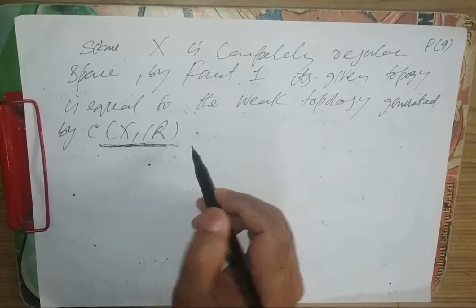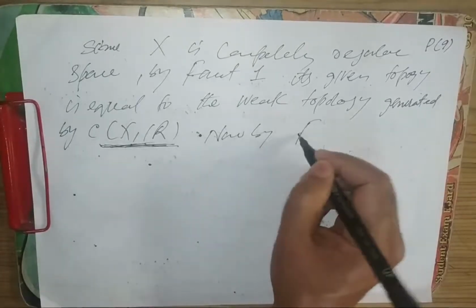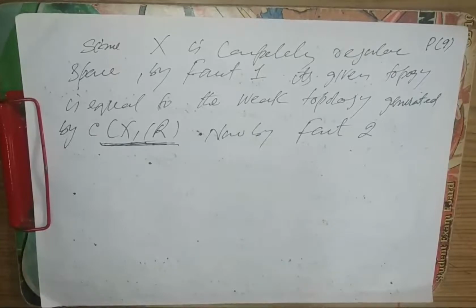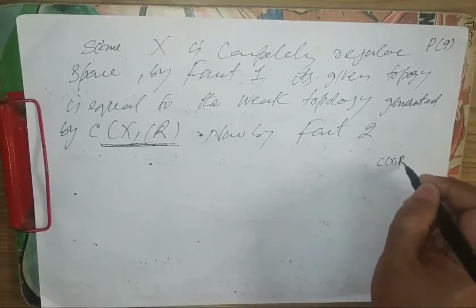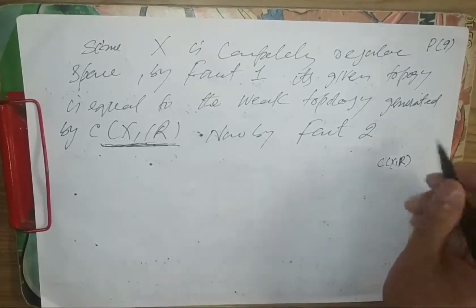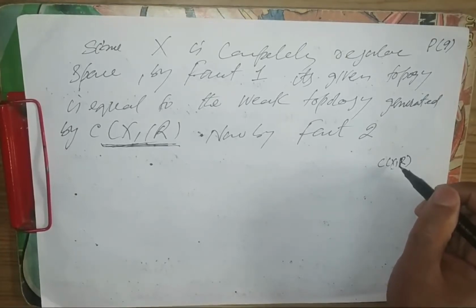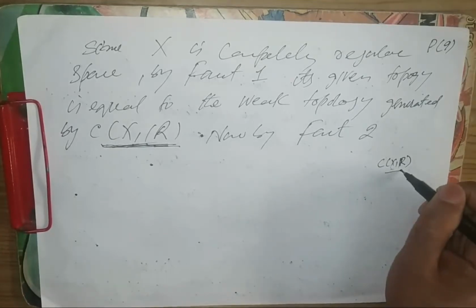Now, by fact 2: if we have a subspace of a given product space, this can be treated as C(X,R), the set of projections which makes projections continuous. It is the set of all restrictions to X of projections Pi of P onto its coordinate spaces.